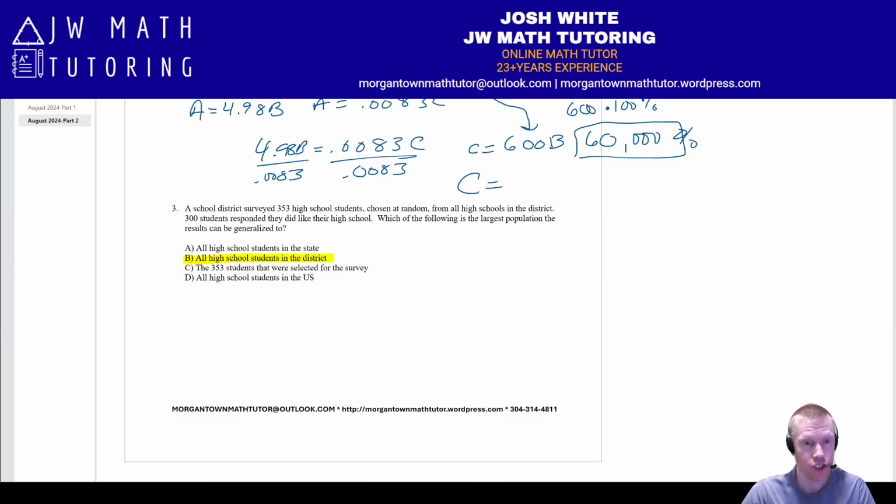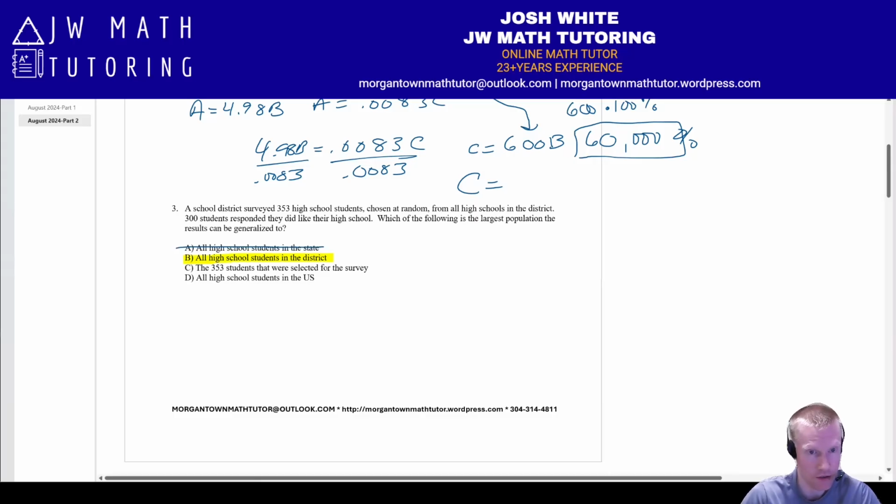You cannot generalize this to all high school students in the state when you only polled one school district. That's why this one doesn't make sense. Obviously, you can't generalize this even further, to all high school students in the United States.